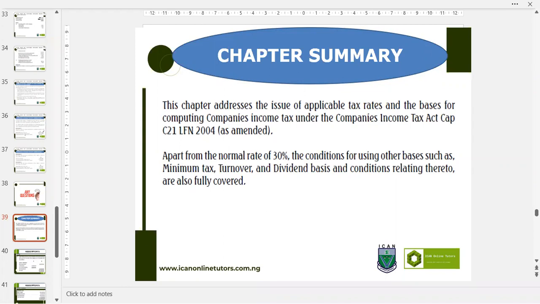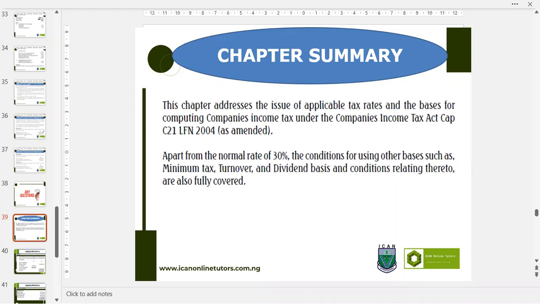So let me know if that will be convenient for you, so that we can also have our class on Sunday morning. So hopefully by Sunday, we should be done with the taxation of specialized businesses. Then we have 2 other topics, which will be tertiary education tax and then application of information technology. I think so.